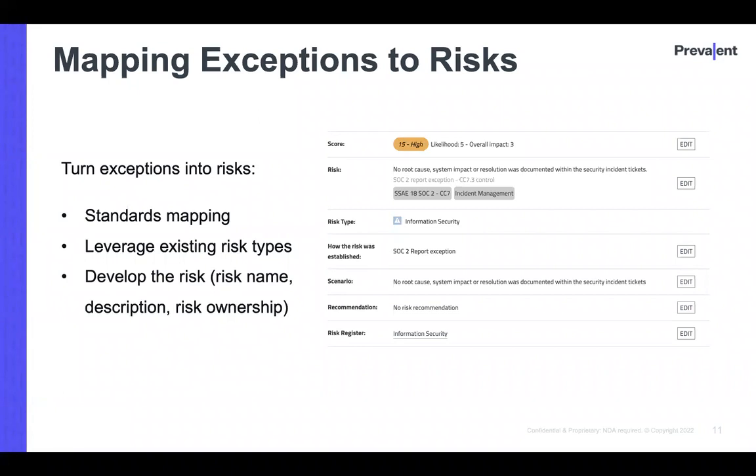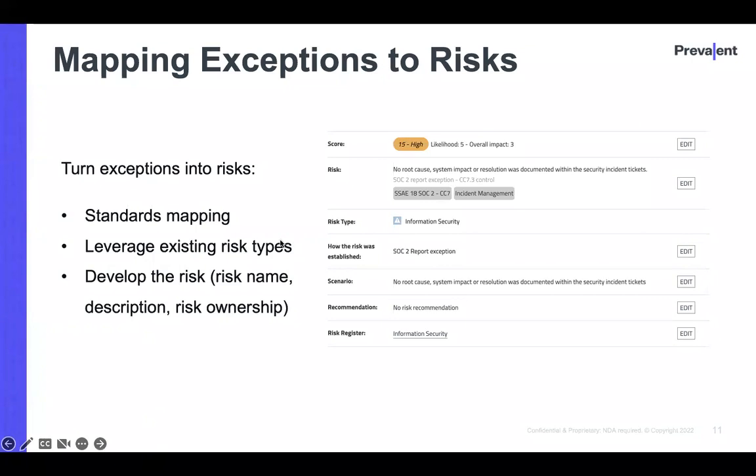Firstly, can we map it to standards that are key to us? I gave the example of ISO 27000. If there are clear controls within that standard that we can map the exception to, it'll make it easier when we start to engage and identify recommendations or remediation steps.